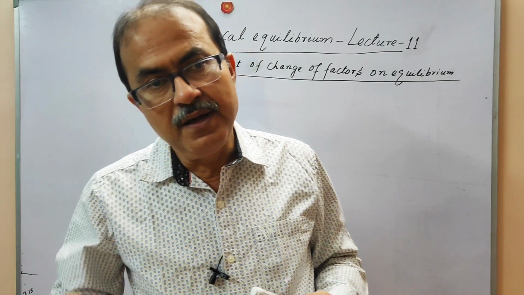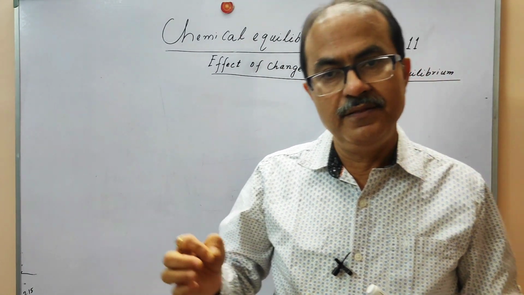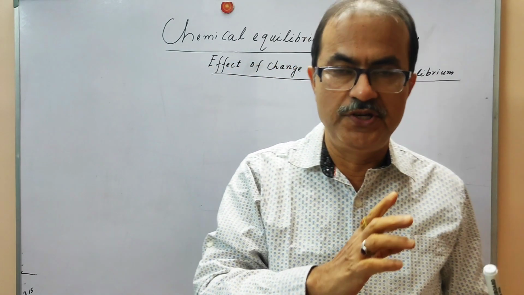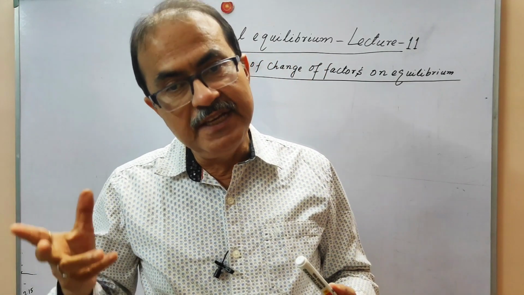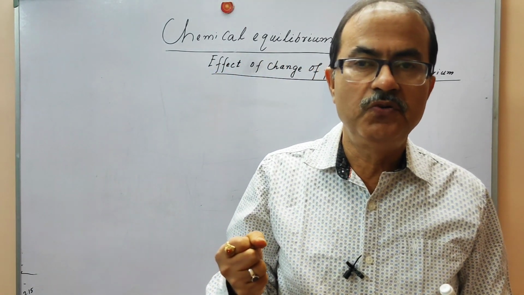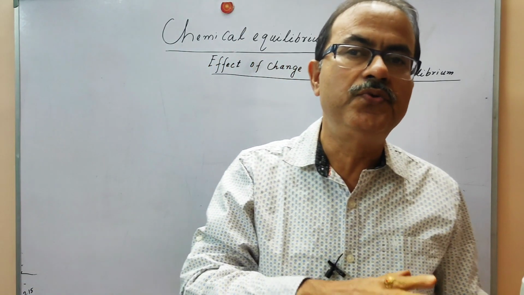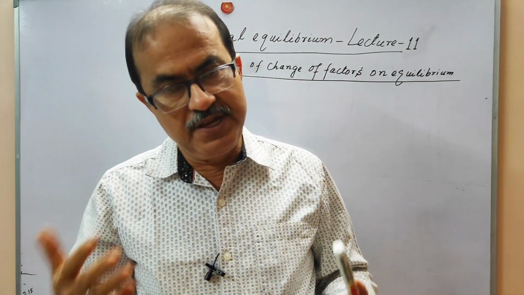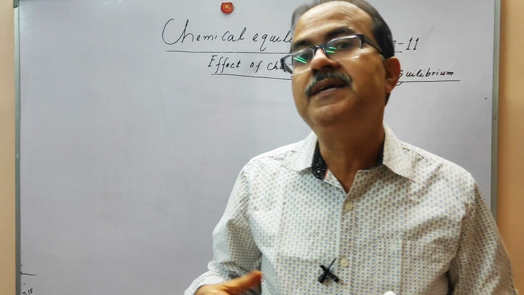Naturally, the system will no longer be in equilibrium. A net reaction will proceed in that direction where the changes will be overcome by the system and it will get a new equilibrium state, that is, we can say that equilibrium is re-established.